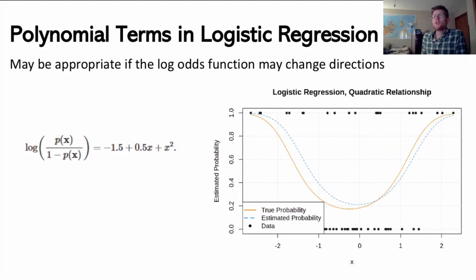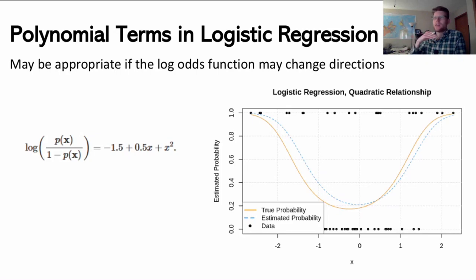You can also use polynomial terms in logistic regression as well, so we're not going to explore this very far in this class, other than mentioning that this possibility exists. Let's say that you actually have a model that looks something like this, where maybe the likelihood that y equals 1 is actually changing direction as x increases.